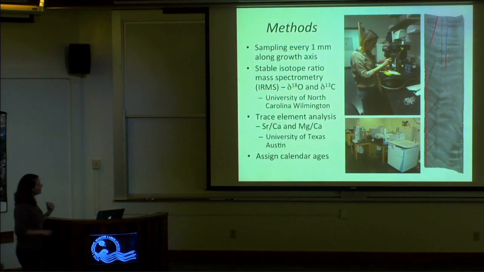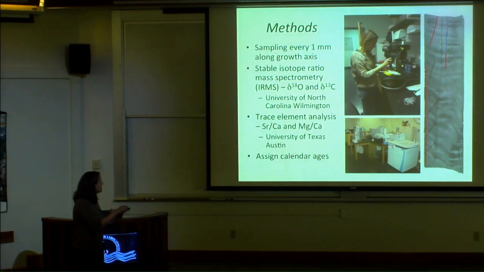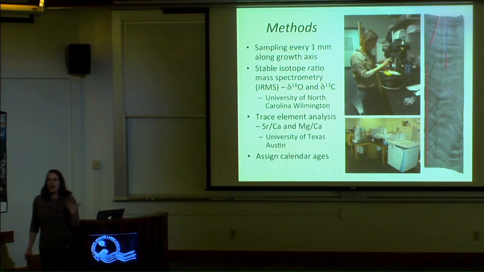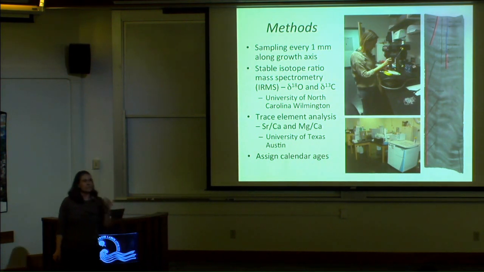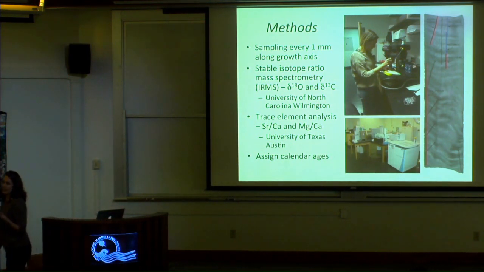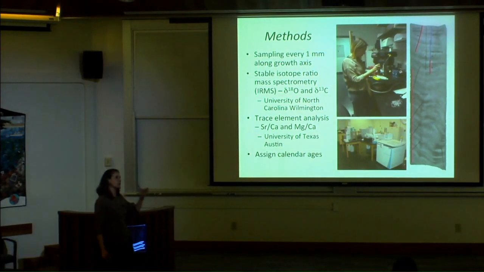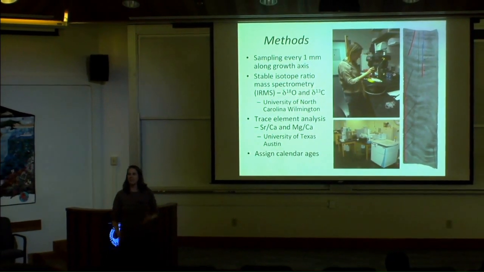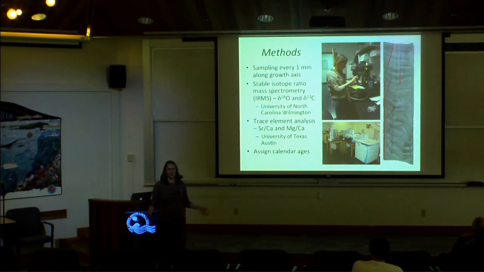What we've done with these, this is a student of mine that was in North Carolina, and you can see here the X-ray image of one of these, very different looking than the X-ray that I showed you guys earlier, because of a couple reasons. It's a different species, and also you don't have the huge temperature fluctuation in the Western Pacific as you do in the Gulf of Mexico.